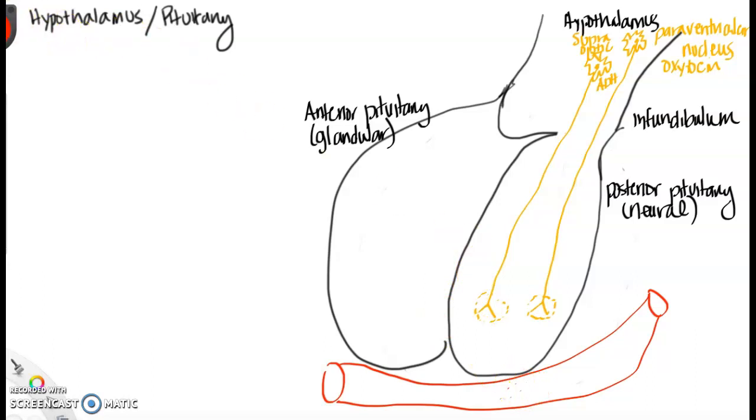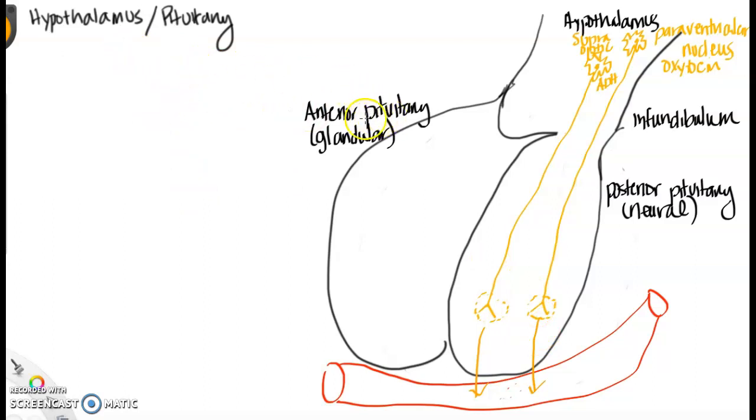So these neurons actually hold hormones. That's basically how the posterior pituitary works. It doesn't really do that much other than hold those hormones that are made by the hypothalamus, the paraventricular nucleus and the supraoptic nucleus, hold those hormones, ADH and oxytocin, and when the hypothalamus tells it to, it dumps them into the blood.